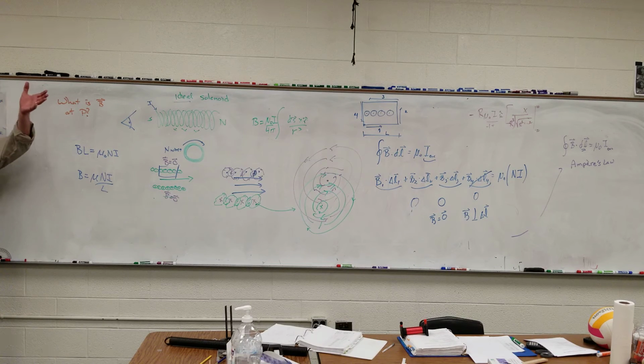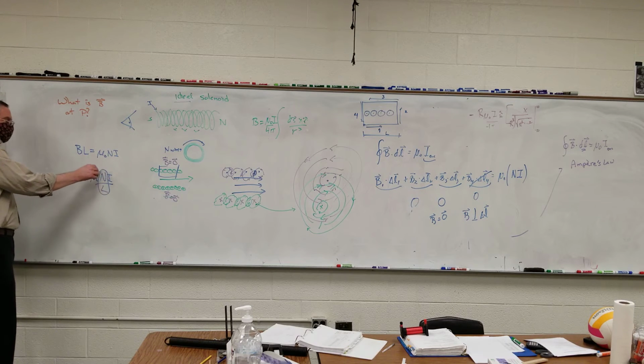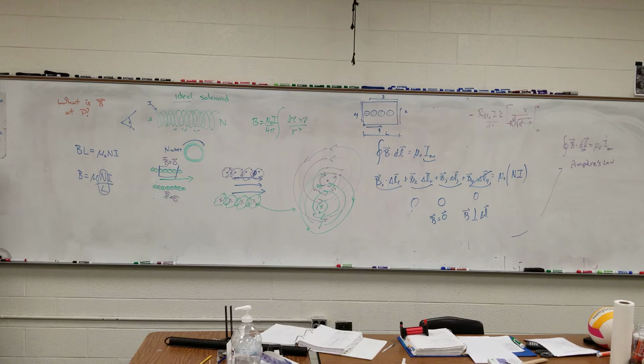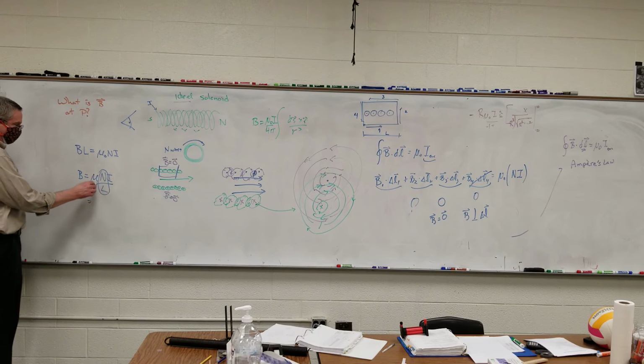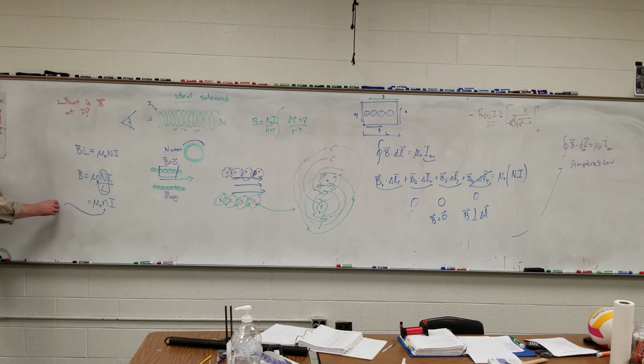It just created a loop going around a bunch of wires. So what's really more important is this ratio here, the number of wires per unit length. So this is just mu naught times what is known as the coil density times I. So this N is the coil density, which is just the number of wires per unit length.